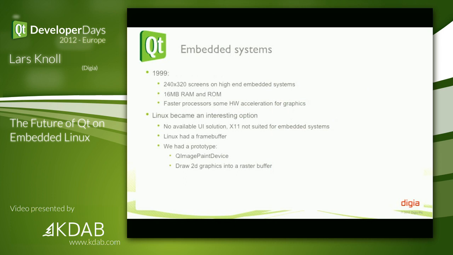But then, around 1999, 98, we saw that embedded systems were actually becoming a bit more powerful, and they came actually into the reach of Linux and Linux running on these systems.